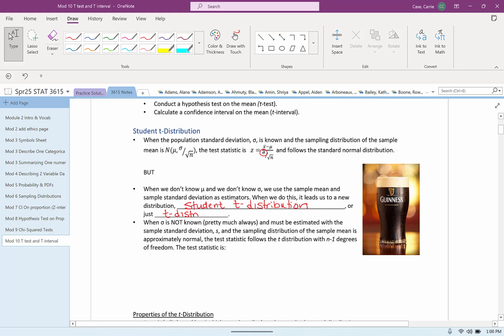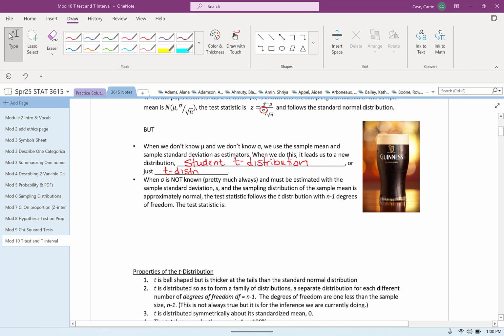And so he and a mathematician developed this new distribution, but they couldn't use their names with it because Guinness wouldn't let them publish. So they did end up publishing, but they published it under the name Student T, and it stuck.